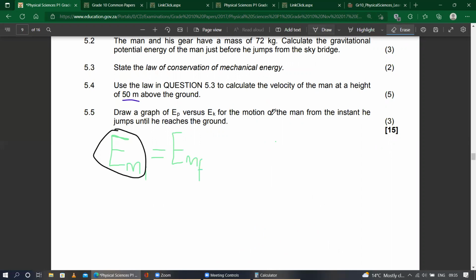So from this equation, we can expand it. Just the initial mechanical energy.